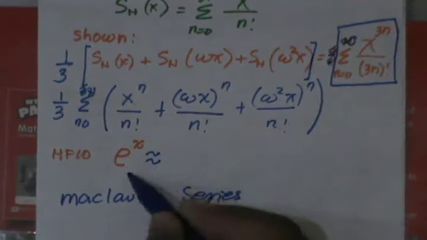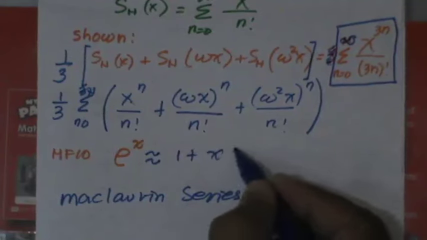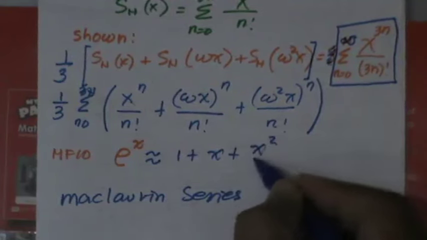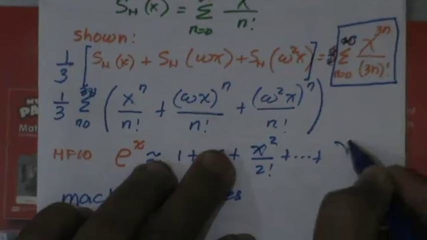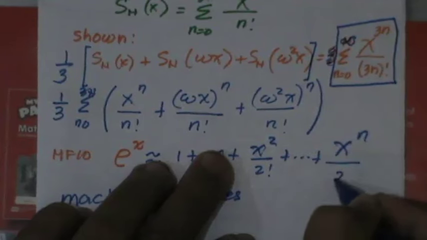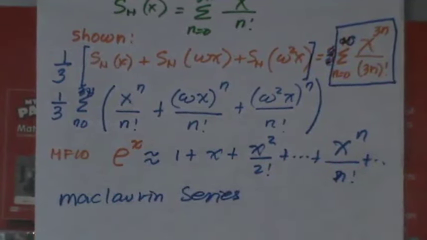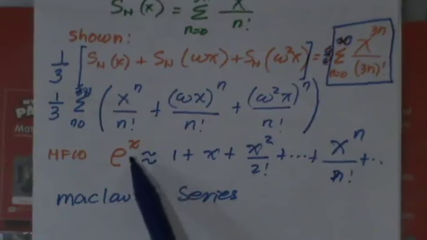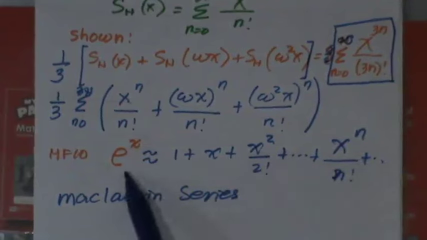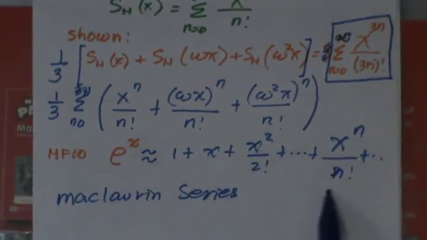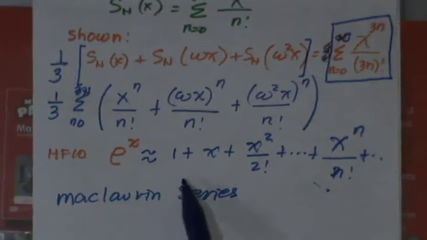According to Maclaurin, e to the x is approximately equal to 1 plus x plus x squared over 2 factorial plus and so forth, plus x to the n over n factorial plus and so forth. Meaning, if x is a very small number and n is approaching infinity, e to the x is approximately equal to this. If you want to prove this one, please watch my video about Maclaurin series.